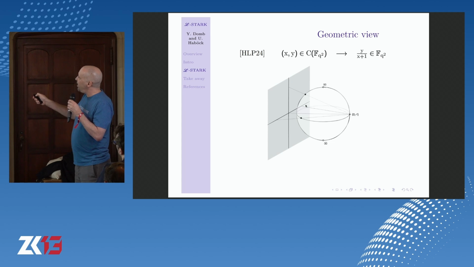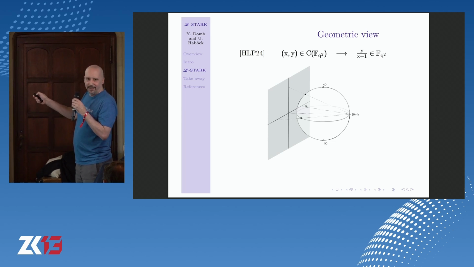Then take any other point, take the line that is spanned by the two, and see where it intersects a fixed plane that you choose for the projection. In that way, if you move that second point along the circle, you will get the real line. You will get a line in the plane.